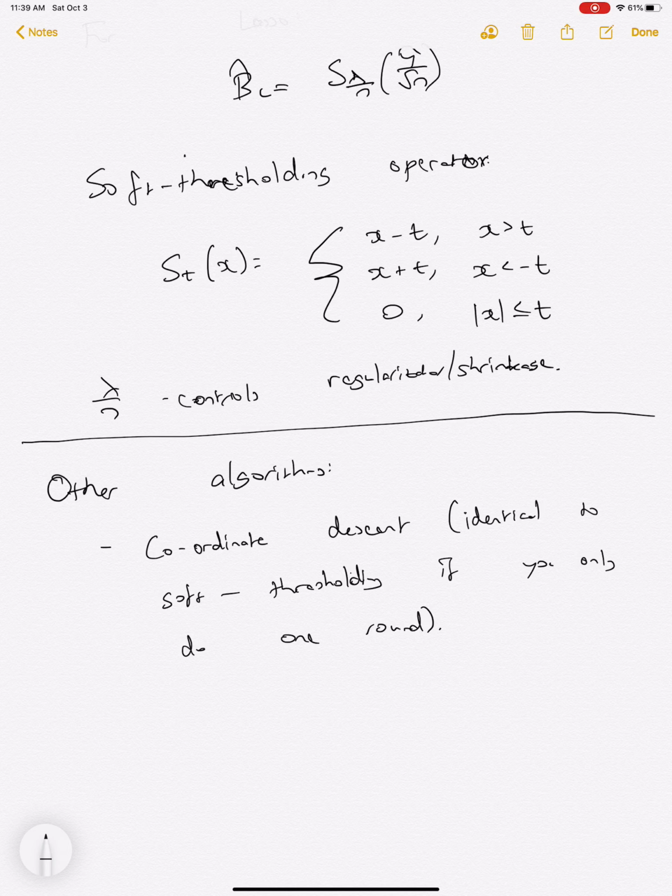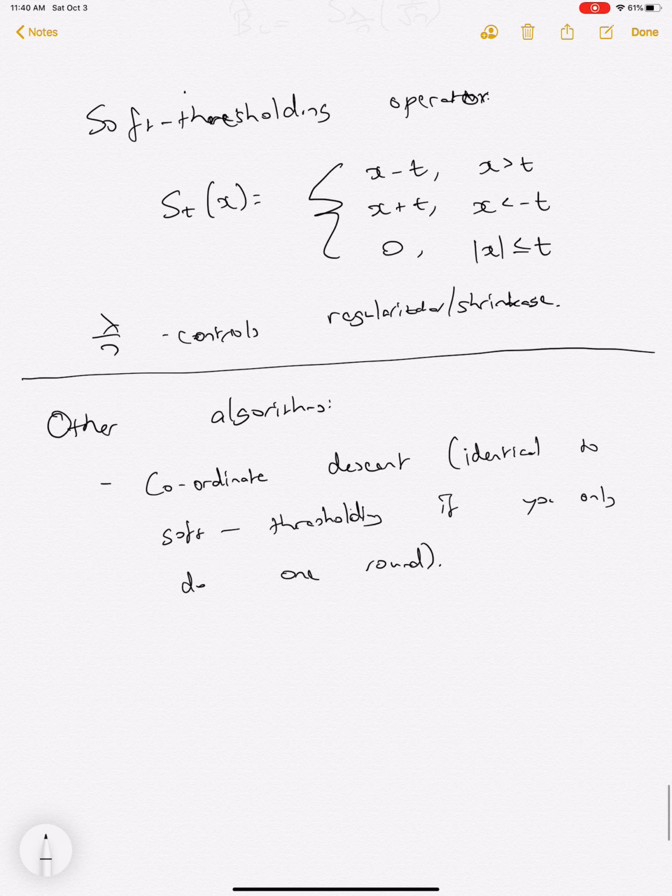So you can use other algorithms. Coordinate descent is probably one of the more widely used ones because it's very related to soft thresholding. But there are other subgradient based methods that people also use.